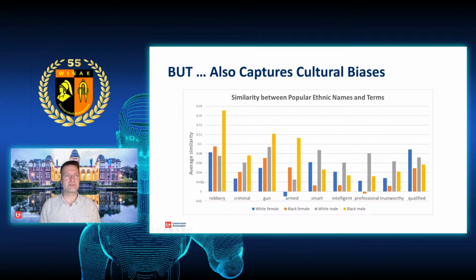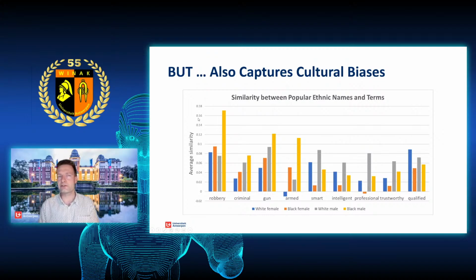Then you see here different bars showing the average similarity between a white female name, the blue bars, and the term robbery. This is the inverse of the distance between robbery and the female name, at 0.08. And if you look at black males, that's the yellow bar, they are much closer to robbery than females. They're still not very close, a similarity of 0.16.